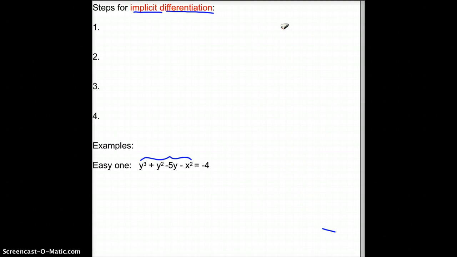And what we do is a process called implicit differentiation. I'm going to give you the steps and then I'll take you through a couple examples. So the first thing you do for implicit differentiation is take the derivative of both sides. We're going to keep that one in formal notation.